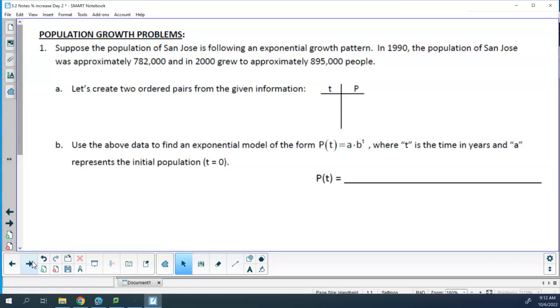Can somebody make me 2 ordered pairs, please? 0 and 782. Would you be okay if I just went 782? Is everybody good with that? Since they're both in thousands, we just drop the thousands. Makes our numbers just a little smaller. What would the next one be? 10 and 895.